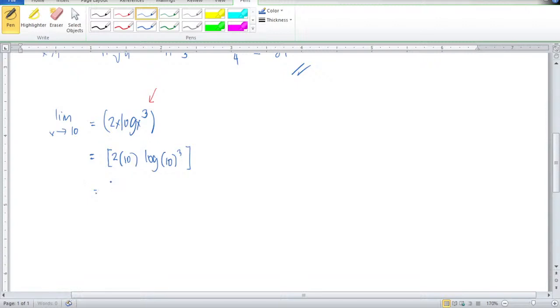Okay, so let us first simplify the equation. We have 20 log 1,000. Simply using your calculator, 20 log 1,000, and the answer is 60.